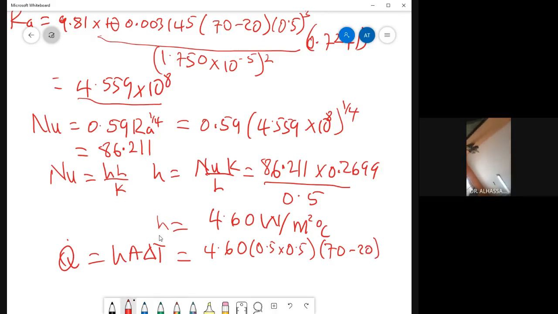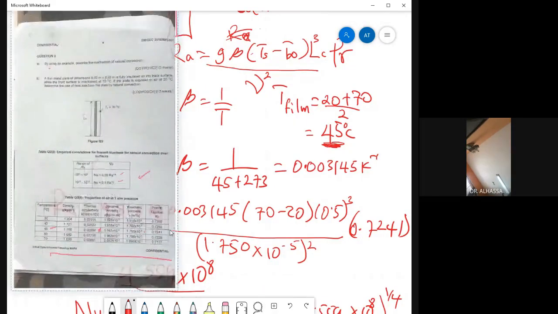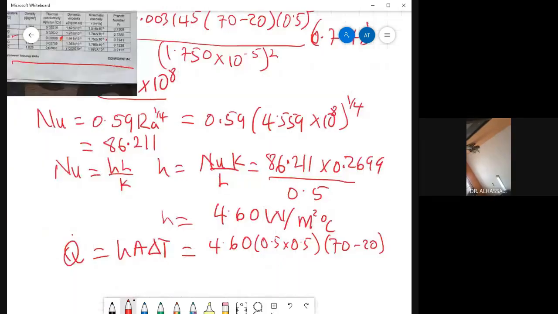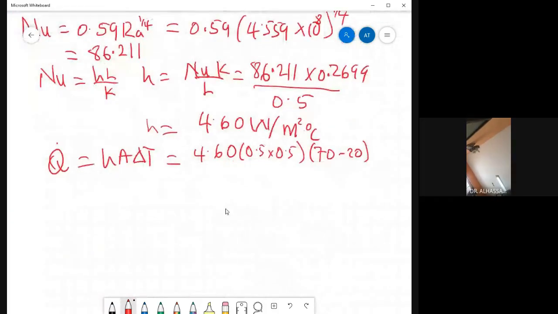Let me check here, the dimension of the system is 0.5 by 0.5. Yes, that is correct. So we get 0.25 for the area, and the whole thing becomes 57.5 watts. So this is the final answer.